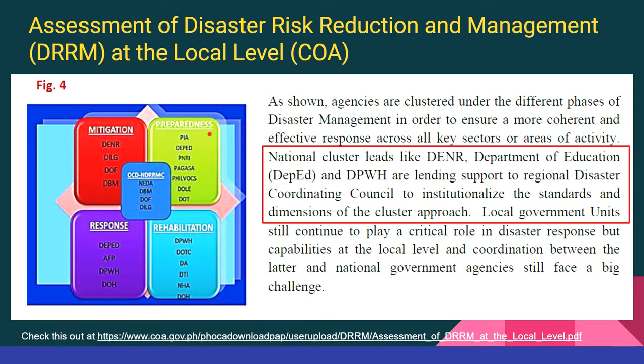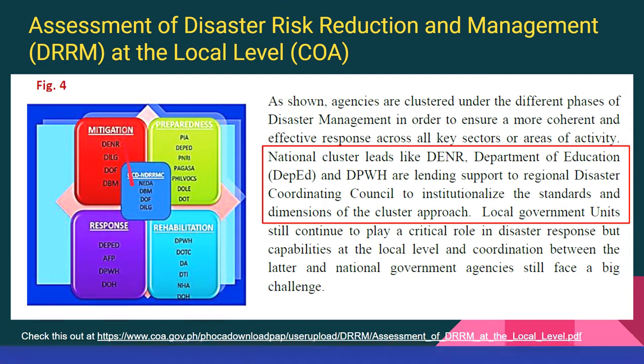Again, in this report from the Commission on Audit, government agencies are clustered under the different phases of disaster management in order to ensure a more effective response. Under mitigation, that's to lessen the effect of a disaster, you have your DENR, DILG, DOF, Department of Finance, then DBM, Department of Budget and Management.